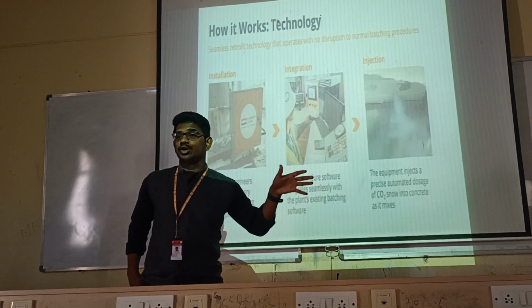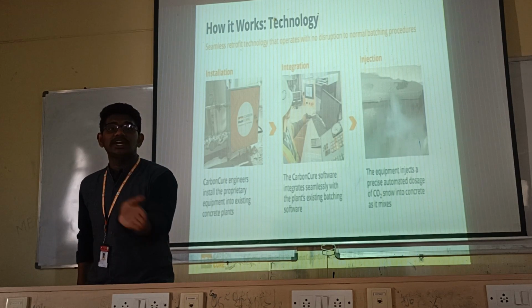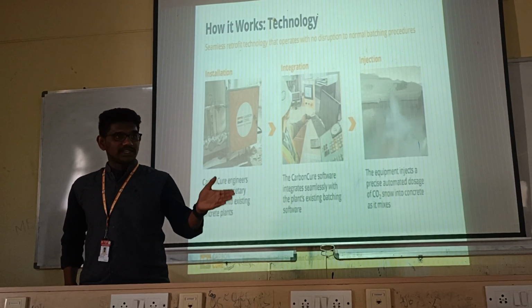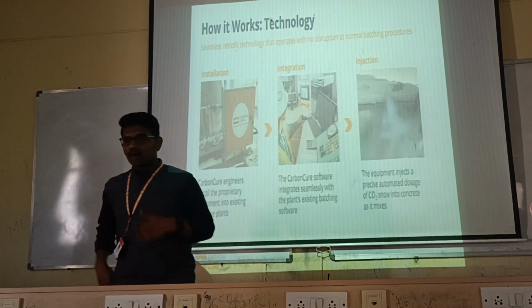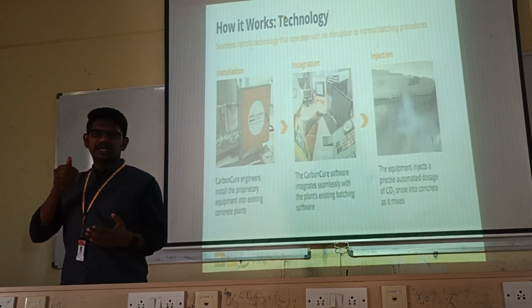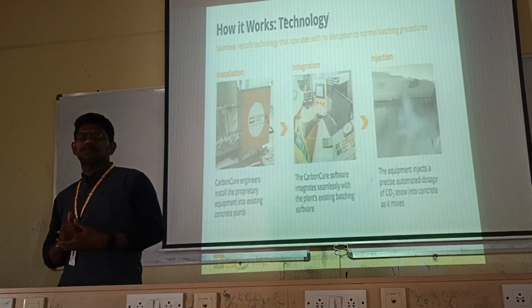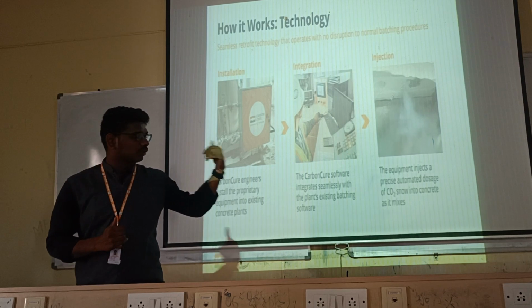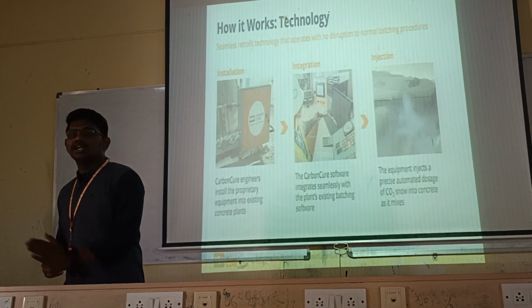The liquefied carbon dioxide from the storage tank will be converted into solid and gaseous form while it is being injected into the RMC. How will that happen? When it is passing through the wall box, there will be a rapid decline in the pressure. Due to the rapid decline in the pressure, the liquid state of the carbon dioxide will turn into solid and gaseous state.